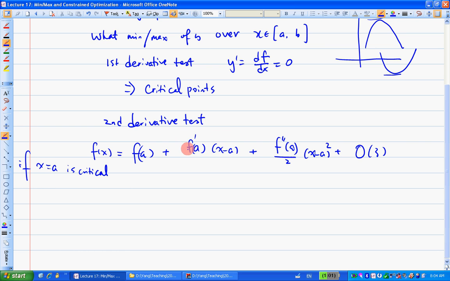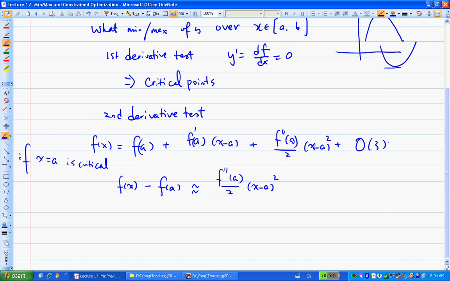And this term is gone, which means f of x minus f of a is approximately f double prime of a over 2 times x minus a squared. So ignore the high order terms. So x minus a squared is guaranteed to be greater than 0.